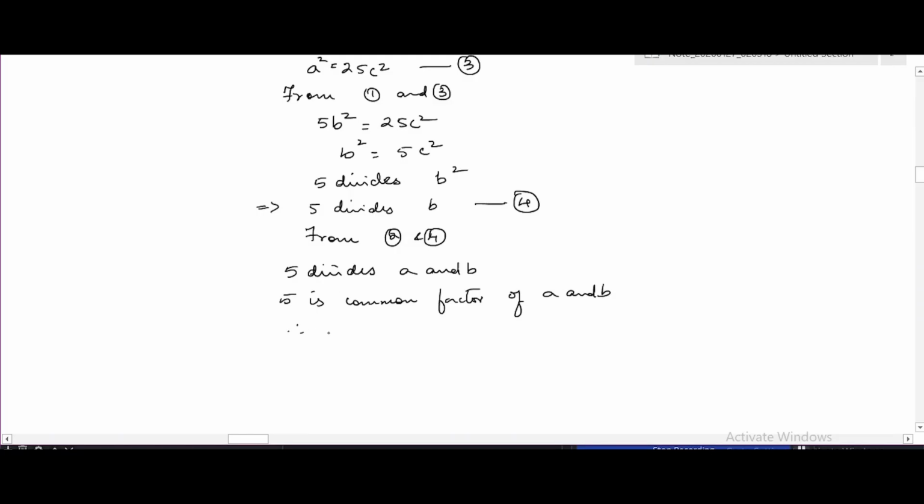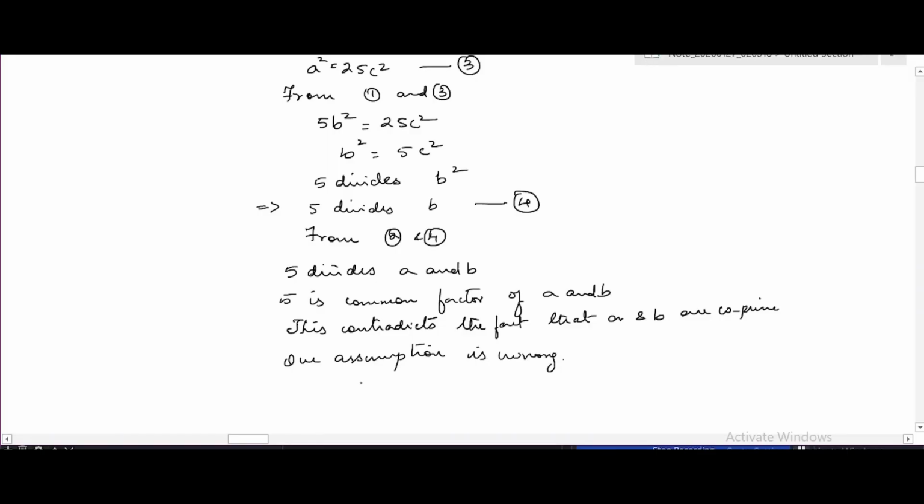Therefore, our assumption is wrong. This contradicts the fact that a and b are coprime. Our assumption is wrong. It's just a standard thing, children. Therefore, root 5 is irrational.